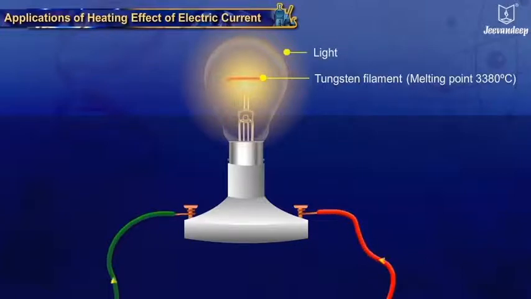The bulbs are filled with chemically inactive gases like nitrogen and argon, which prevent oxidation of the filament, thus prolonging its life.